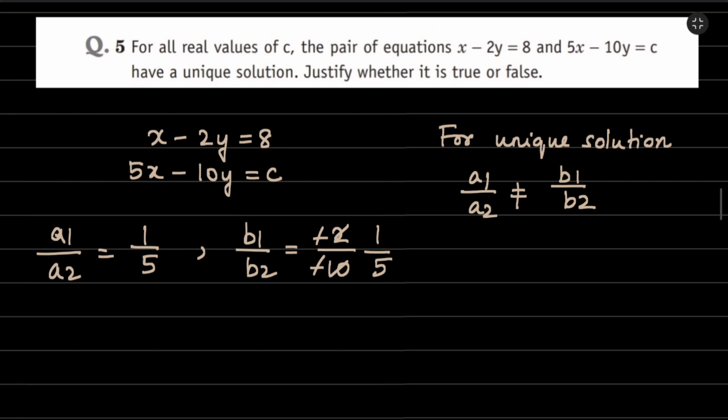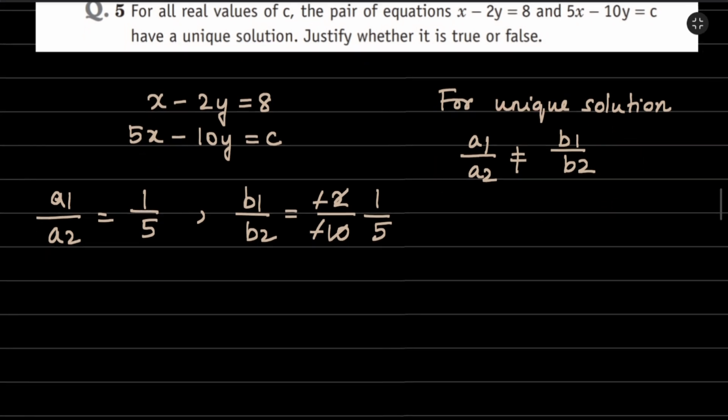It cannot have. So is it true or false? When you take the first two ratios, you are saying that a1 by a2 is equal to b1 by b2. But in order to have unique solution, a1 by a2 should not be equal to b1 by b2. So it is actually false.